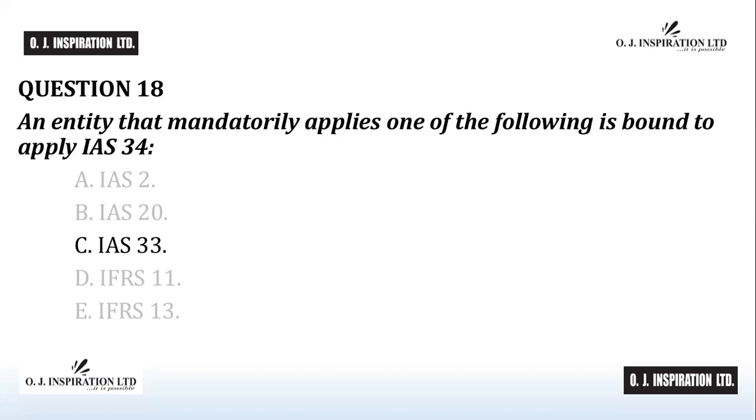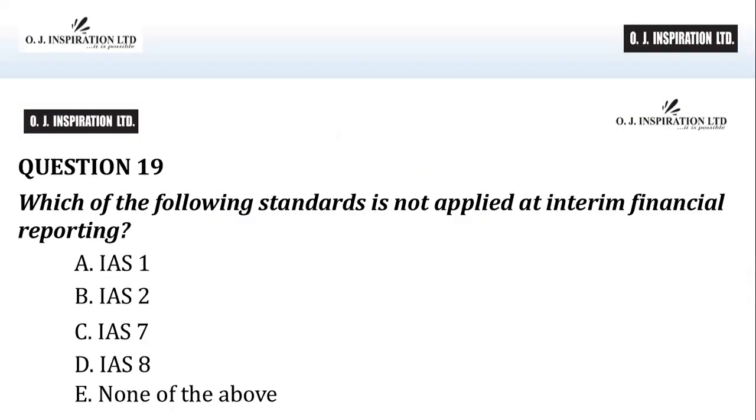IAS 34 primarily goes with those categories of entities that are quoted or intended to be quoted because interim financial reports are required of them accordingly. Application of IAS 2 inventories, IAS 20 accounting for government grants and disclosure of government assistance, IFRS 11 joint arrangements, and IFRS 13 fair value measurement do not have any connotation that an entity's shares are traded or are so intended. C is the answer to question number 18.